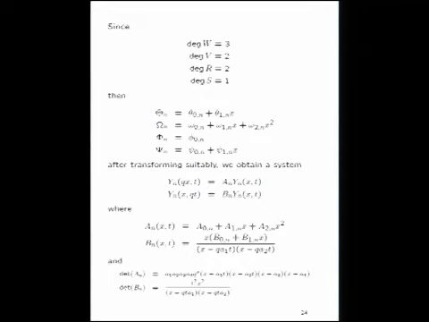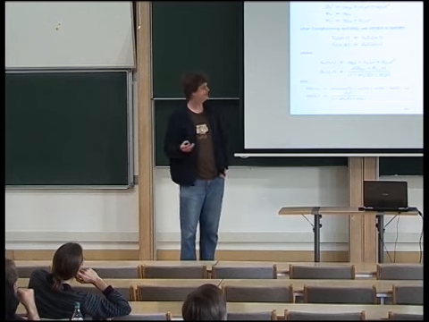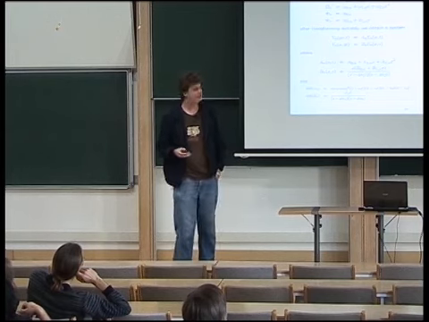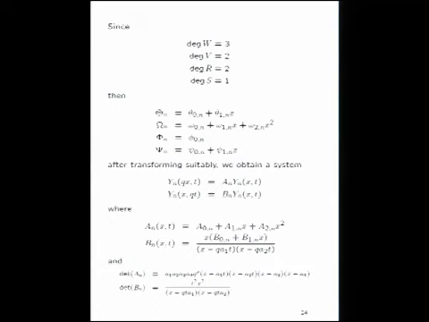You also know what the degrees are, because you can easily q-differentiate the weight function, you know what the degrees are in W, V, R, and S. So you know what the degrees of theta, omega, phi, and psi are. That tells you that you're looking for a linear problem of this form.